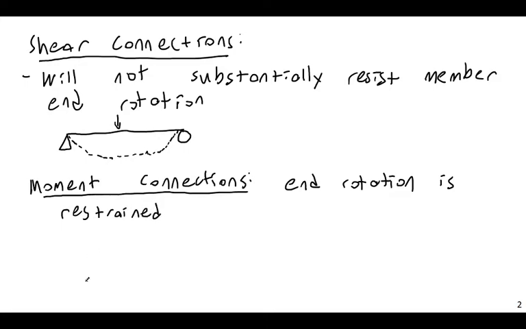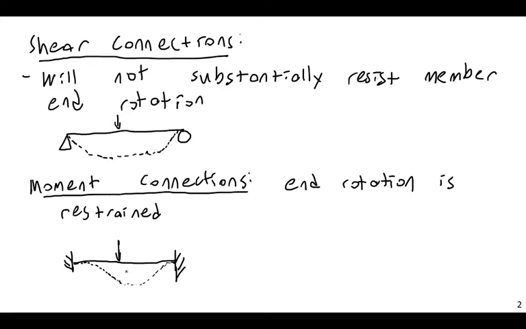For example, if I draw a single beam with fixed connections, in terms of a line diagram, it would look like this, maybe with a load here. The deflected shape would look something like this: no rotation at the ends, with inflection points here and here.